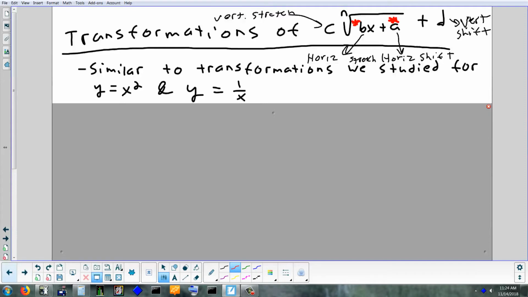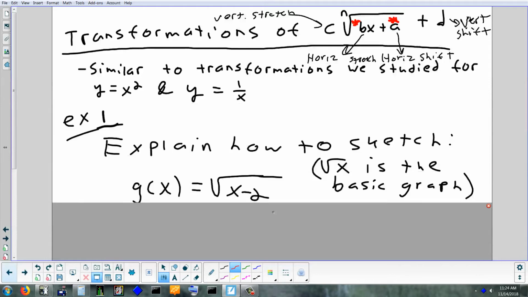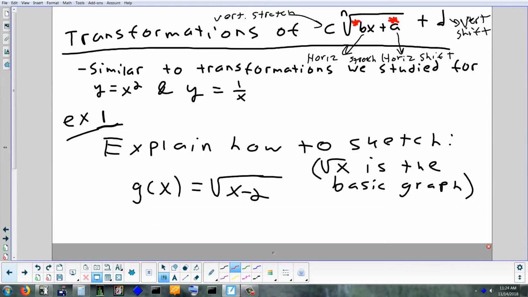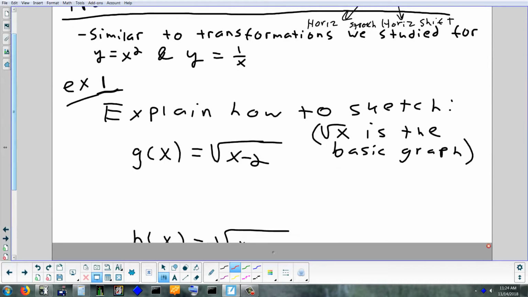So again, it's similar to all the transformations we've studied all year. You don't really need to write that, but I'm just letting you know. Most problems I have you do are not going to have every single number in them. In fact, this one only has one transformation. So example 1 says, explain how to sketch g of x, given that you're starting with this.